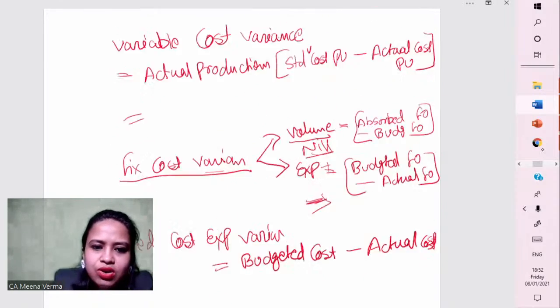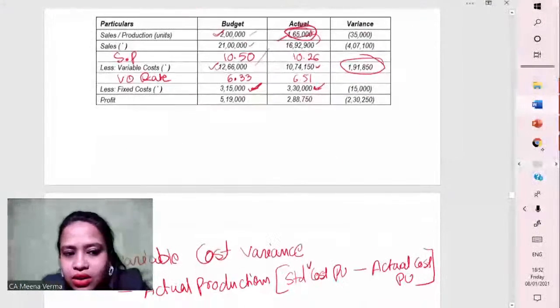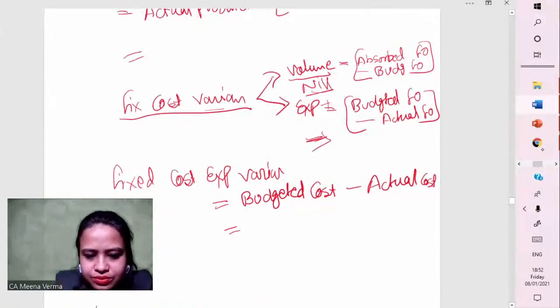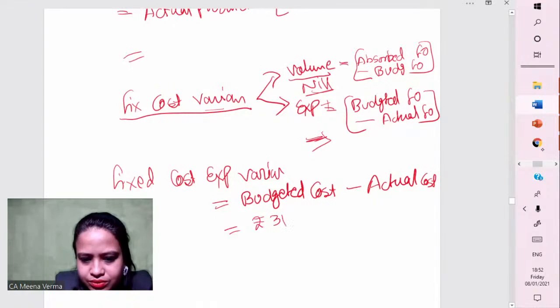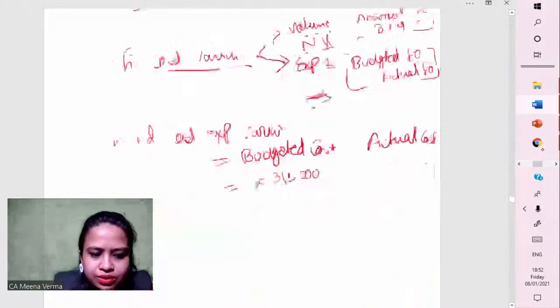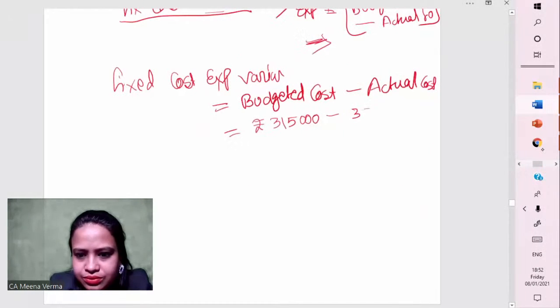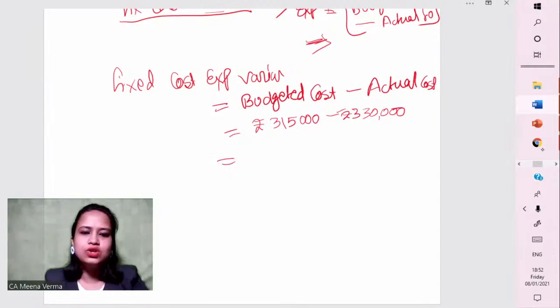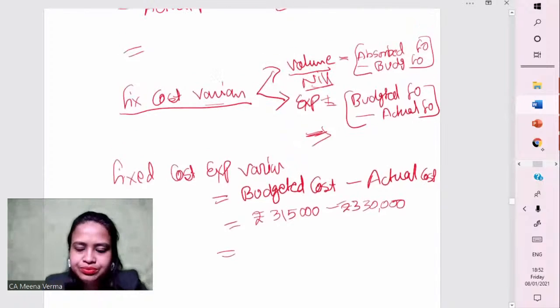What is the budgeted cost? See, I'll tell you why it is nil. 3,15,000 minus 3,30,000. So this way you will get fixed cost expenditure variance.